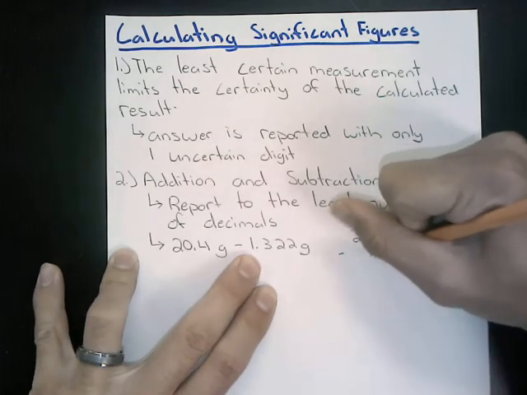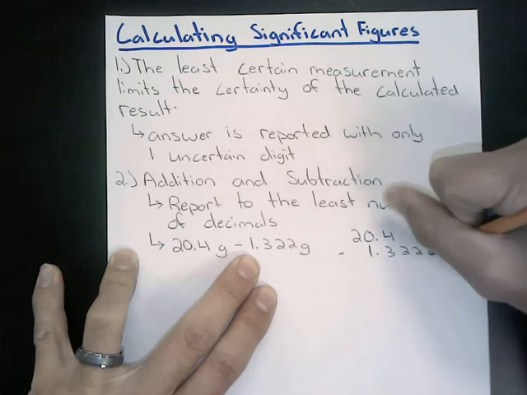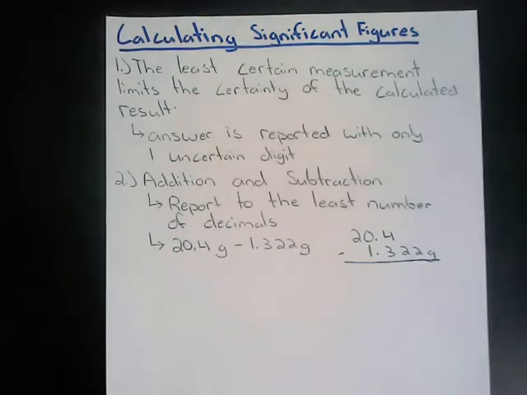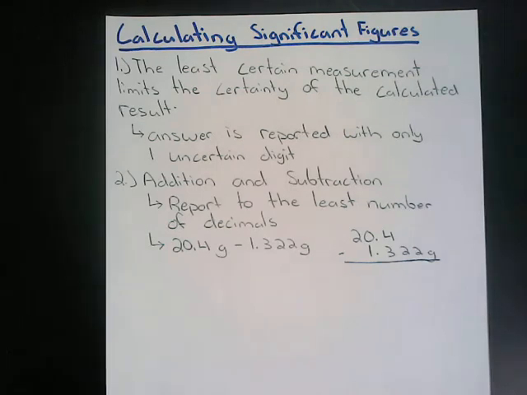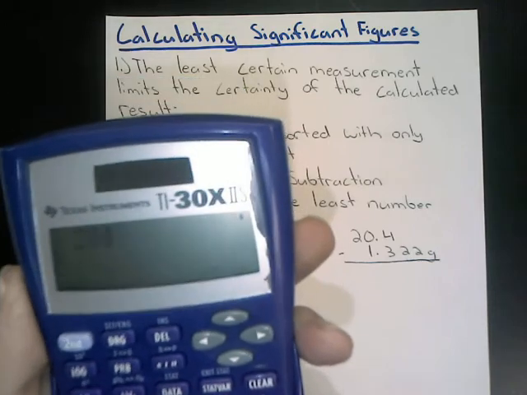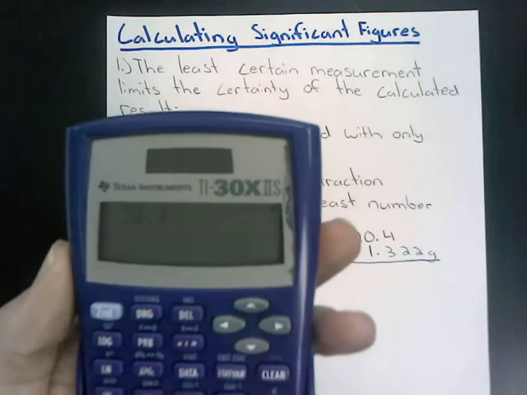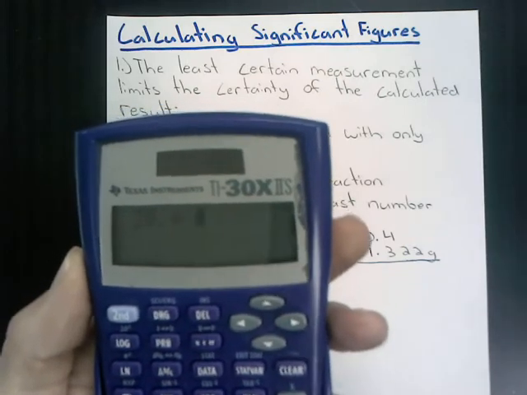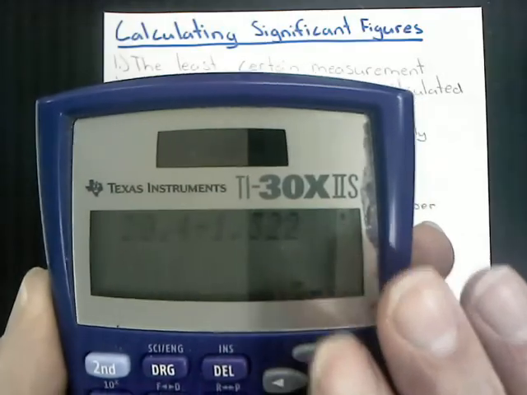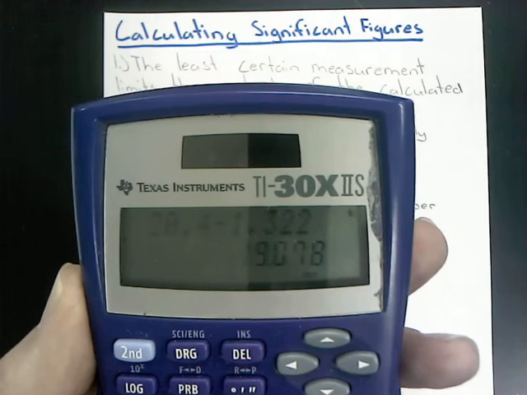First, I'm just going to throw these numbers into my calculator. If I do 20.4 minus 1.322, what I get here is 19.078.